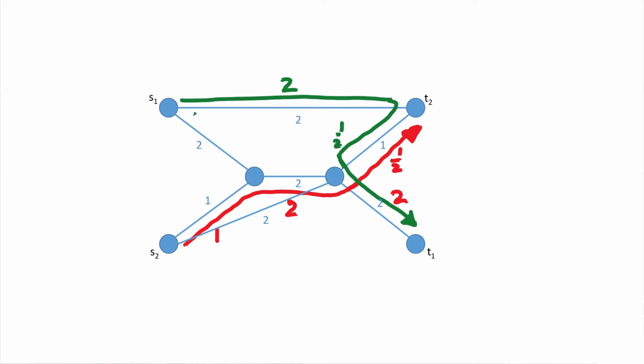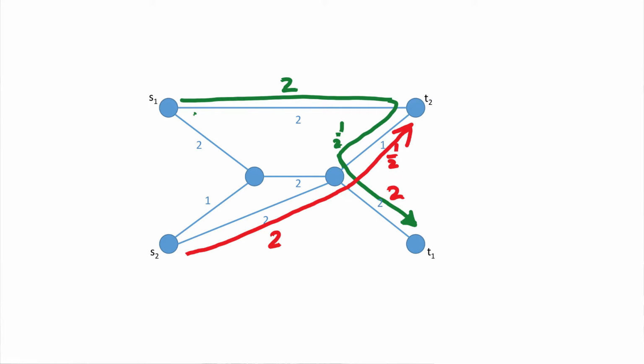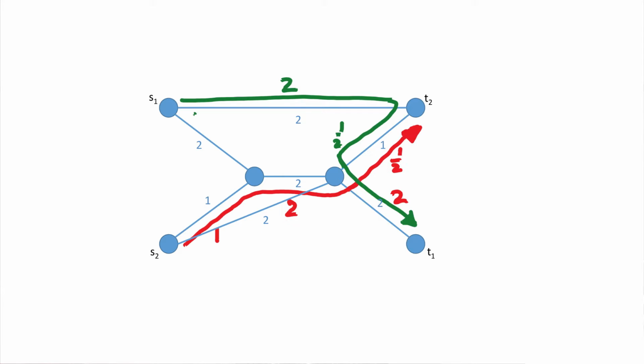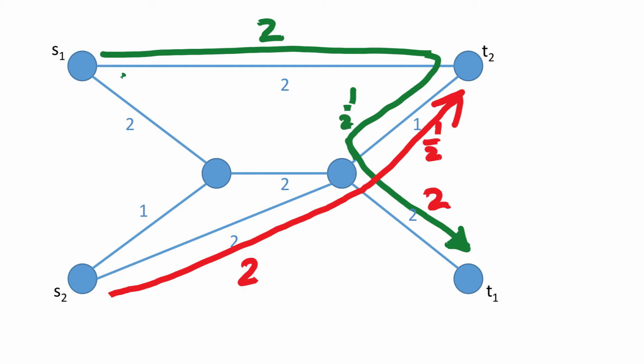So, she will switch. But once the green agent switches, the red agent realizes that the path she is using is not ideal either. So, the red agent might now switch to a different path as well. Earlier the red agent was using a path that had a cost of 3.5. Now, this is a path that costs less, it costs 2.5.